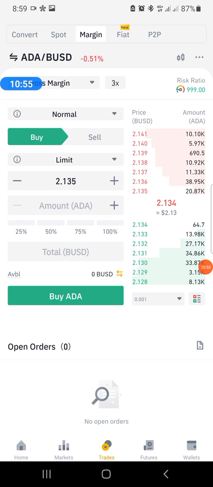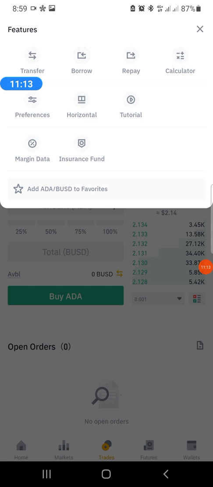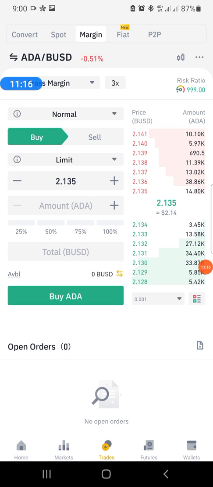For example, you have $100 and you want to trade with $500. You can use that $100 to request a trading loan as collateral. You can use your trading capital as collateral.